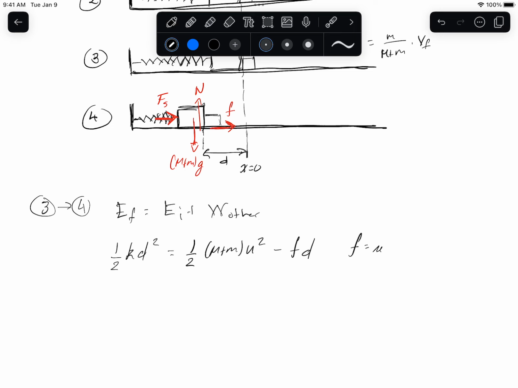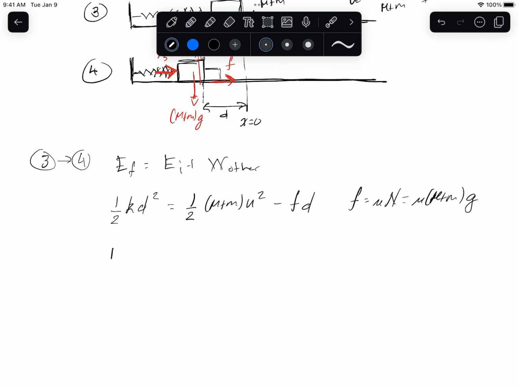The friction force is equal to mu times the normal, which in this case is going to be mu times the total weight of the two blocks. So let's go ahead and plug that in. I have 1/2 k d squared is equal to 1/2 (M plus m) u squared minus mu (M plus m) g times the distance d.